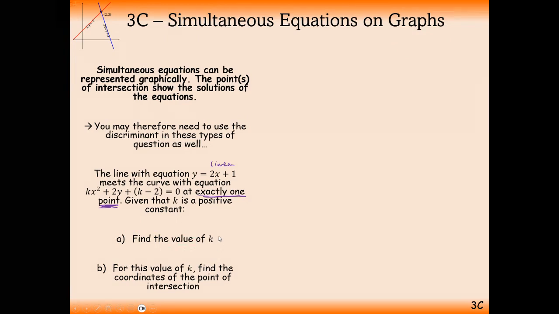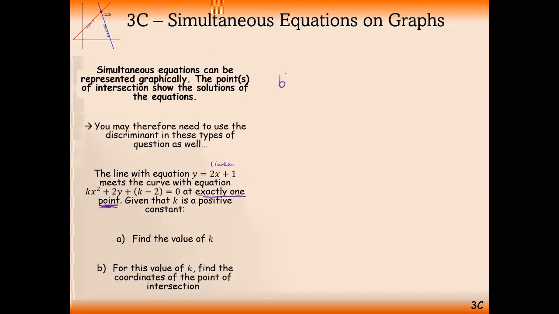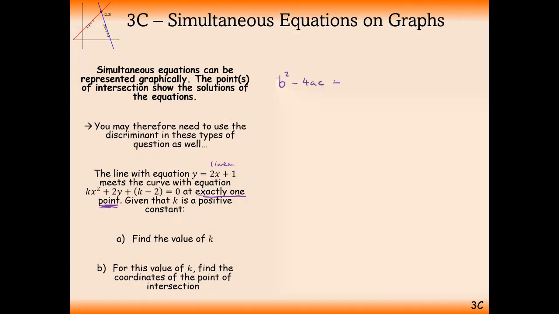So the fact that we know it's exactly one intersection point is telling us that the discriminant b squared minus 4ac has to exactly equal 0. So we just need to look carefully at this equation here and think carefully what is the a, b, and c.